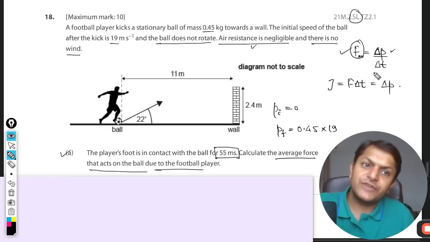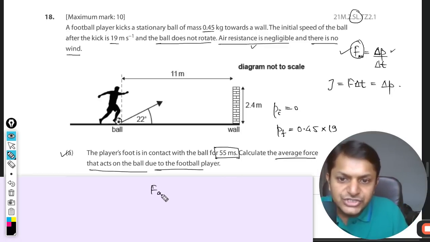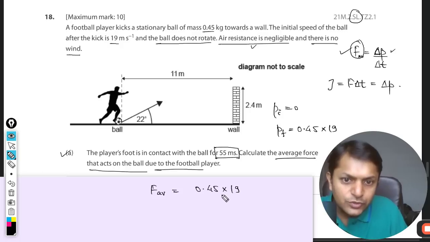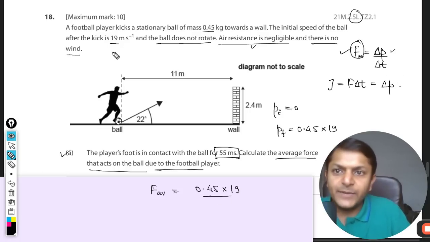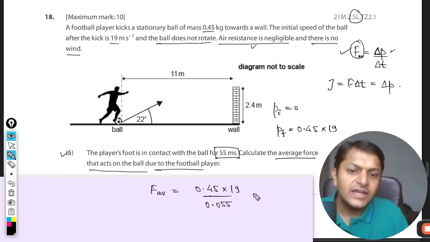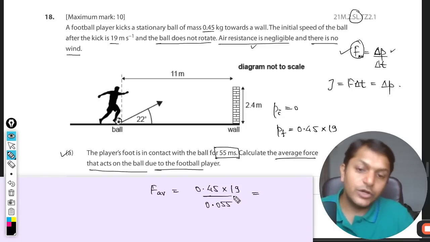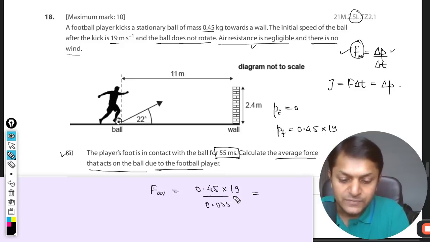We are just going to subtract them to find the change in momentum. So our force will be given by 0.45 into 19 divided by the time it takes. The time is 55 milliseconds, so 0.055. This will give us the answer, and we will round it off to two significant figures.